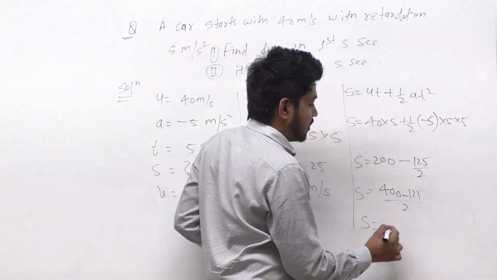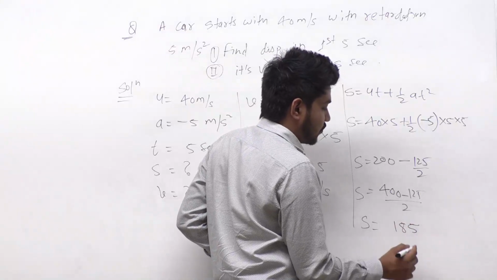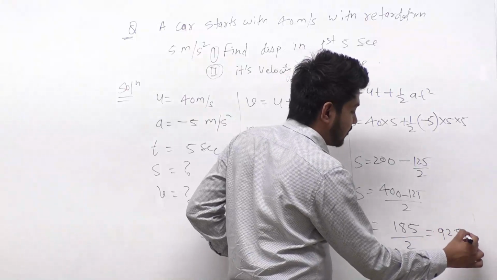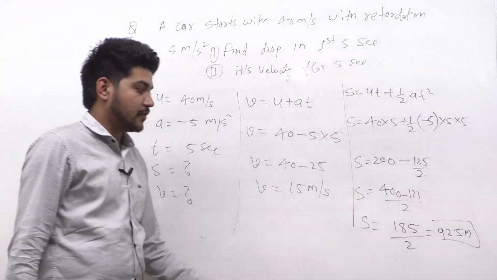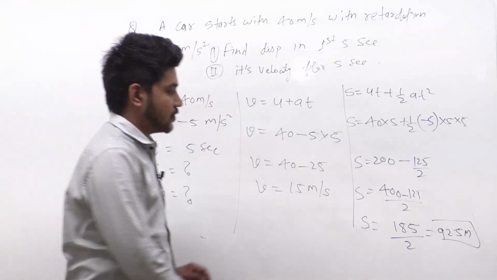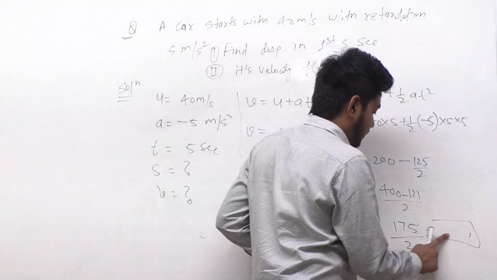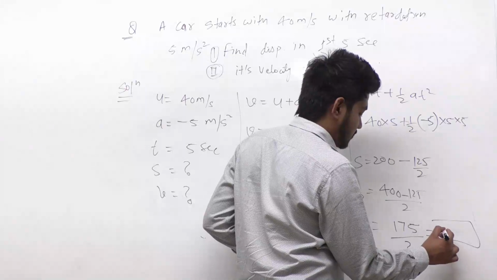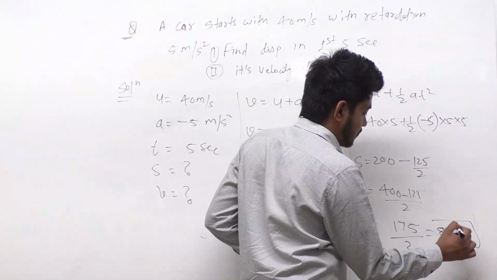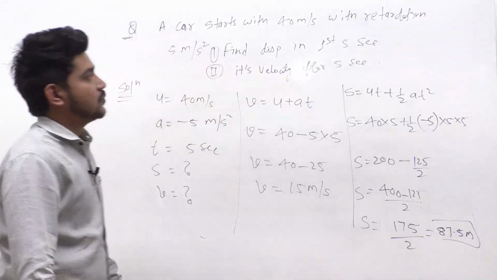So then it will be 185 by 2, which is 92.5 meter. Okay. Sorry, 175. Yeah, you understood, right? So if I correct it, it will be 87 meter. Okay. Now we'll solve one more problem based on this.